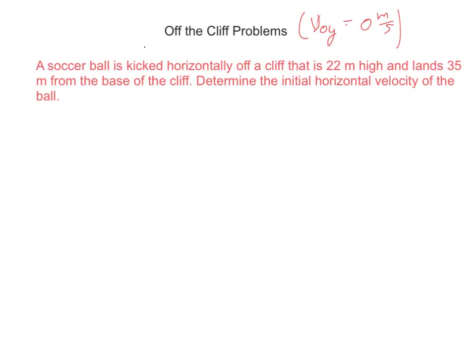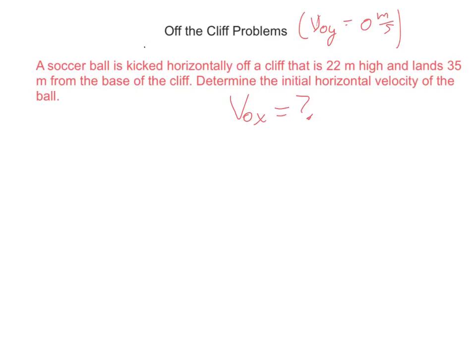So I have a description here involving a soccer ball. They've given us some information about the cliff and the landing point of the soccer ball. Our goal is to figure out what is the initial horizontal velocity of the ball. And if we wanted to translate that into some physics symbols, we're really looking for v naught in the x direction.